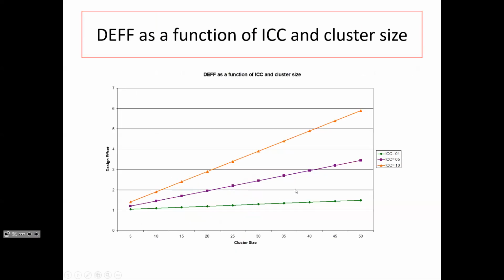And I think I showed you these way back when: what the design effect looks like as a function of the ICC and the cluster size. You can see that if you have a lot of people per cluster, even very small ICCs will cause problems in terms of the efficiency of the design.